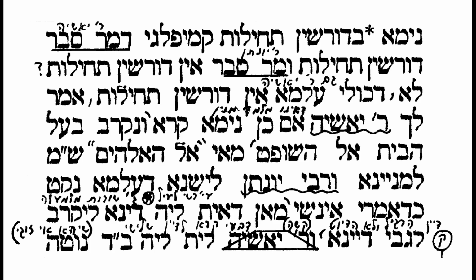Rabbi Yoshia will agree that in general we don't use opening psukim for the purpose of darshaning, of coming to conclusions regarding numbers. Omar lach Rabbi Yoshia. Rabbi Yoshia explains himself why in this case he used the opening pasuk for this purpose. If this pasuk was not for number purposes, neima krov v'nikrav baal habayis el hashofet.